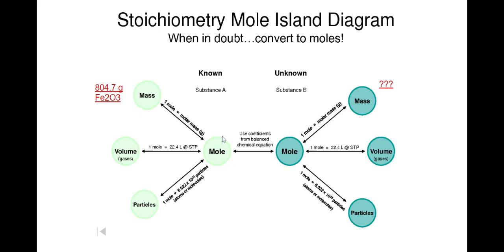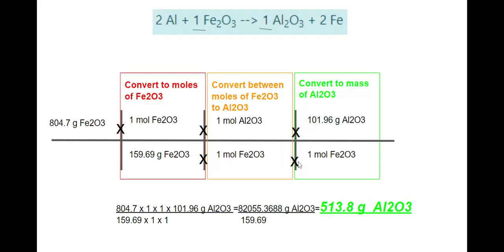Okay, so that was the first step of this diagram. Now we need to convert from moles to moles. You look at your reaction. In the reaction, we have 1 mole of Fe2O3 becomes 1 mole of Al2O3. This won't always be the case, but in this case it is a 1-to-1 ratio.